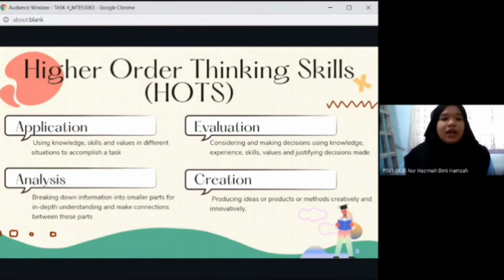Then number three, evaluation, considering and making decisions using knowledge, experience, skills, and values and justifying decisions made. And then the last one is creation, which is producing ideas or products or methods creatively and innovatively.